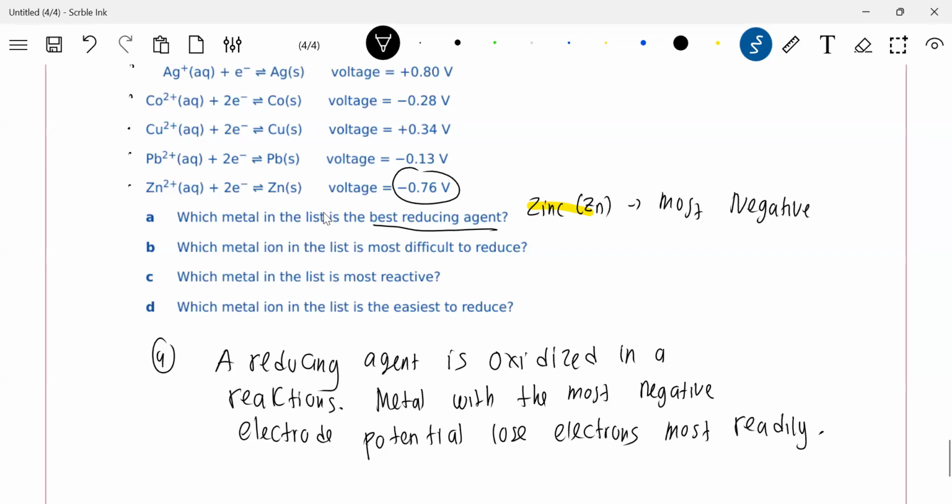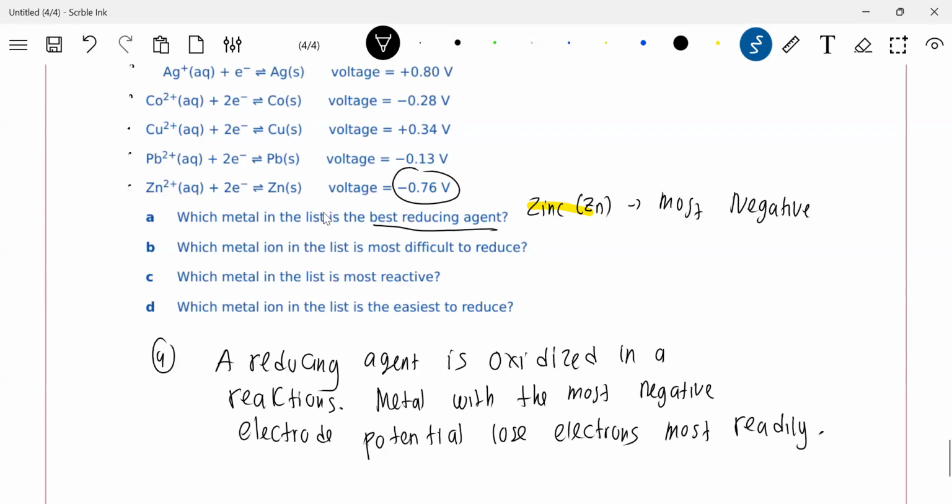And then for number B, which metal ion in the list is most difficult to reduce? The clue is it has the most negative reduction potential. It requires the most energy to force reduction, making it the most difficult ion.